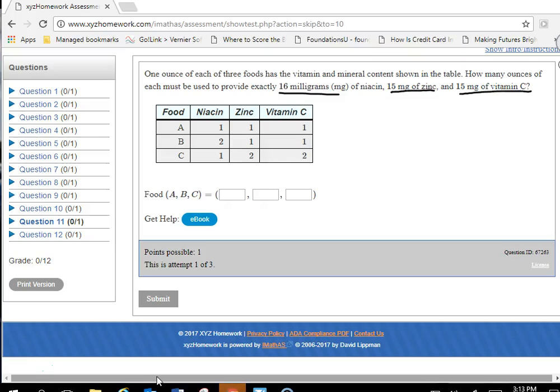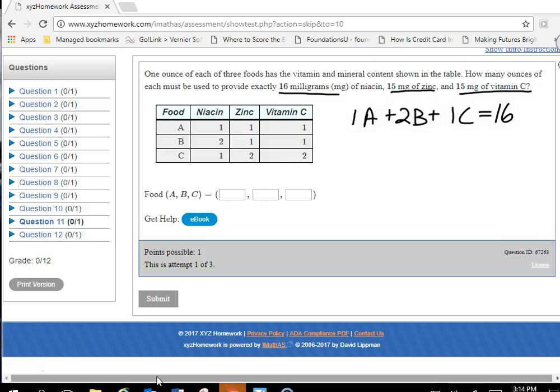These match perfectly with the columns. So food A, B, and C. So what we do is for the niacin, okay, in food A, there's 1 ounce. So we have 1 times A, and there's 2 ounces of niacin in B, plus 2B, and then 1 ounce of niacin in C, plus 1C, equals the total amount of niacin.